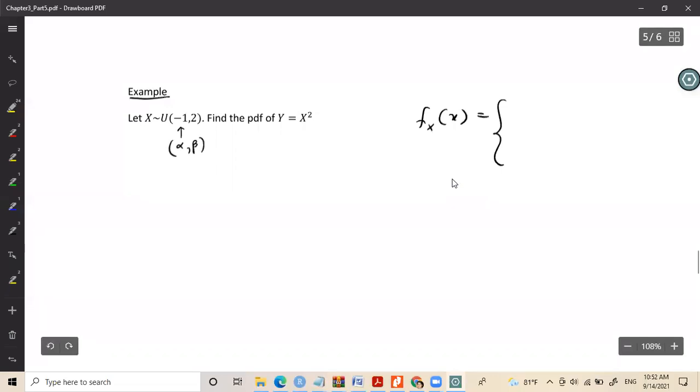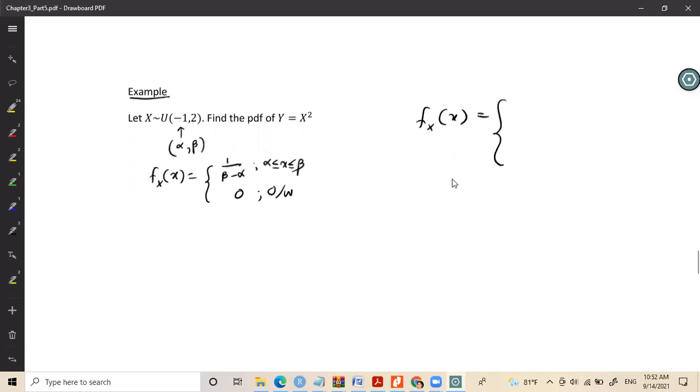Right? So you know that if x is uniform distribution, how do you write fx? This is the PDF of the uniform distribution within the interval alpha to beta. Now our alpha is -1, beta is 2. Can you find the function?